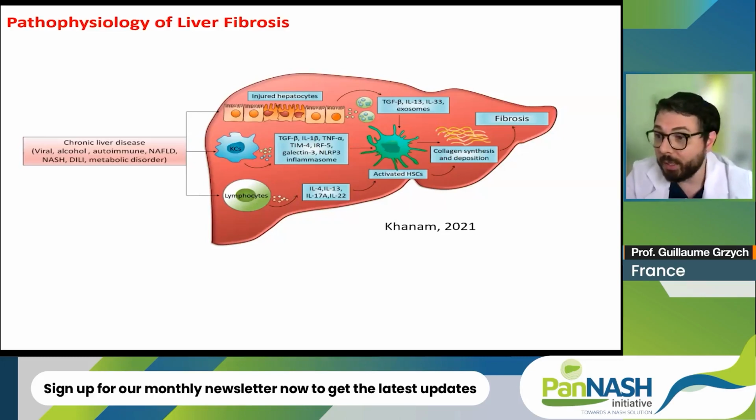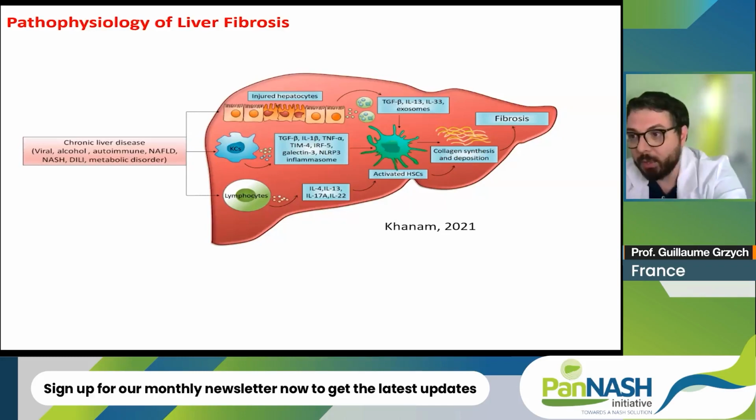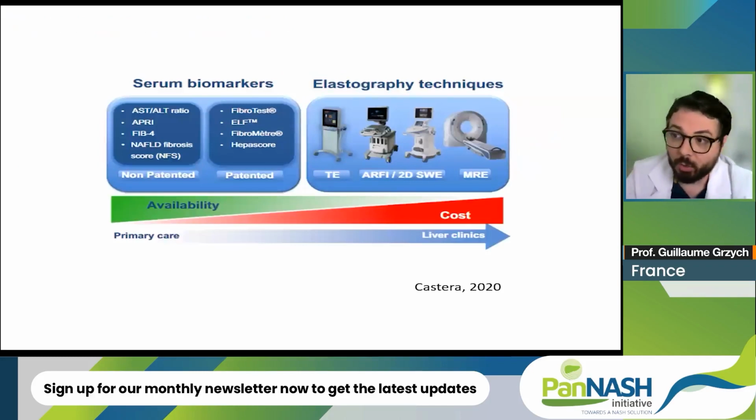So as we see here, we have a lot of potential biomarkers: pro-inflammatory biomarkers, biomarkers related to collagen synthesis, for example. For the diagnosis of liver fibrosis, you could also use imaging. You could use elastography techniques to measure the stiffness of the liver.